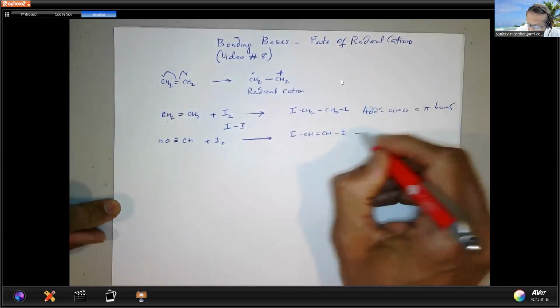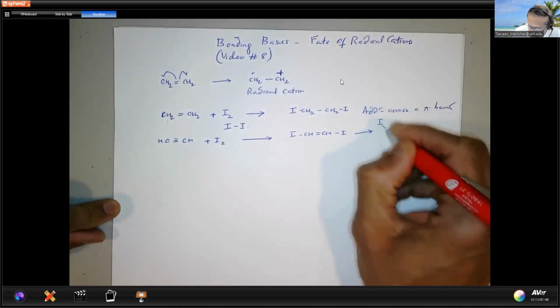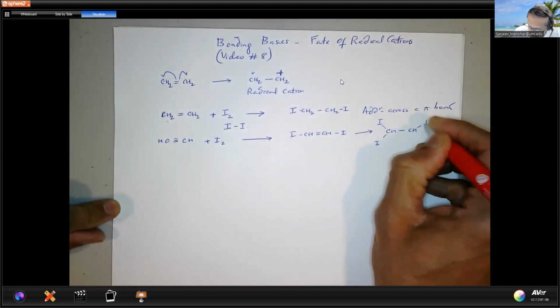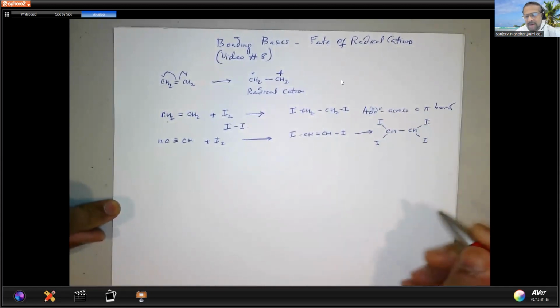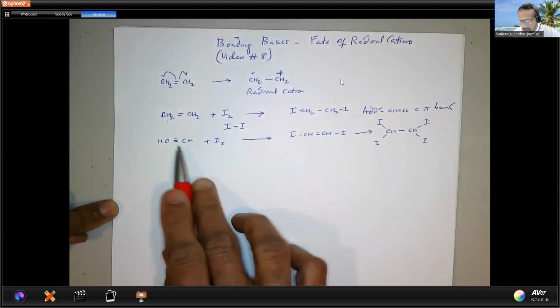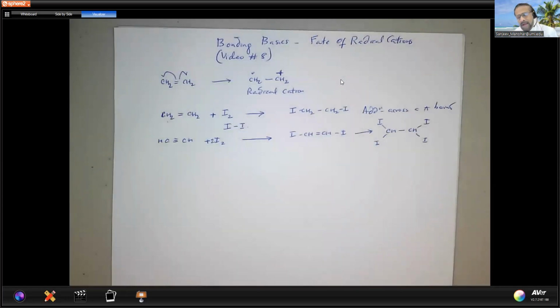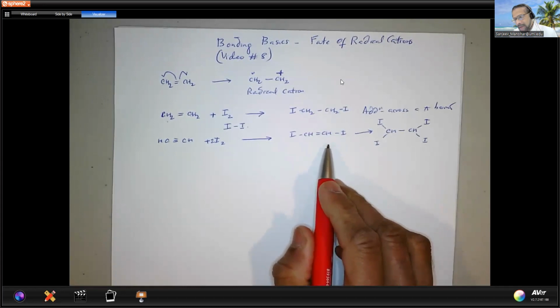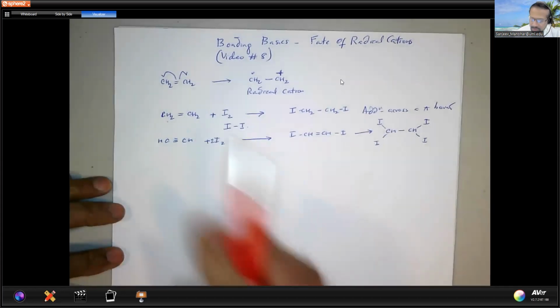And that goes further, one more gets added, CH. Correct? So both the pi bonds have been consumed by now, by 2 moles of iodine. So it's called addition across both pi bonds, correct? Two pi bonds here. We know this from organic chemistry.